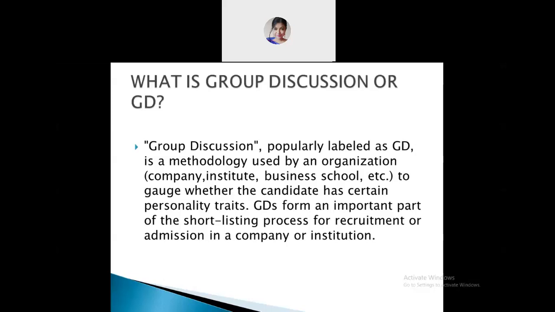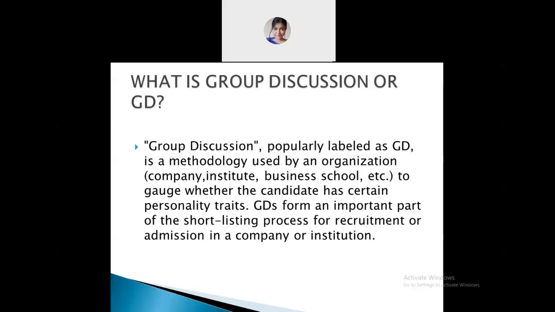Before the group discussion, you will be given a topic, and you will be directed to conclude the discussion within 15 or 20 minutes. So you will be given a specific duration and you have to wrap up your discussion within the given time frame.